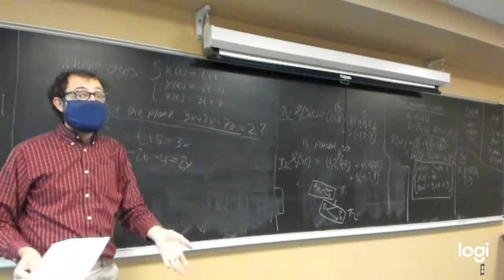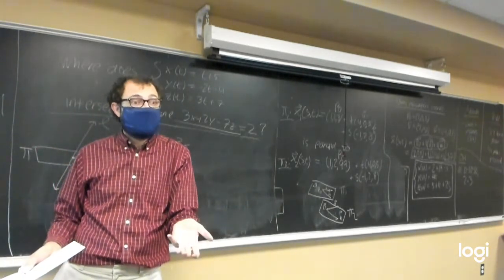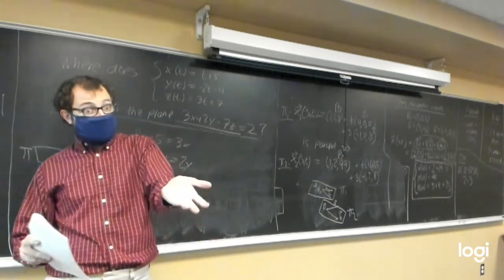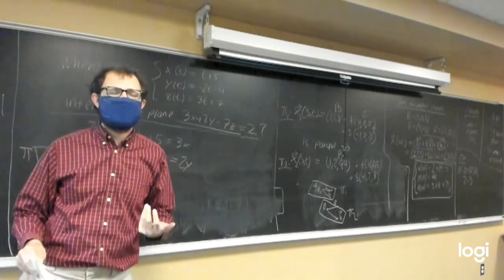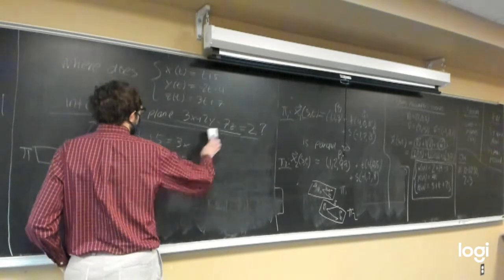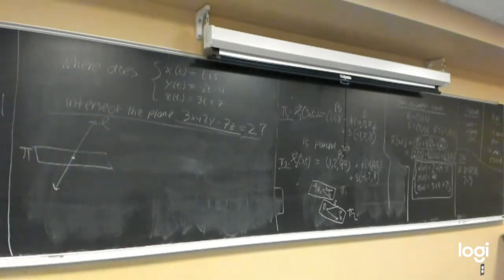I think if we were given our plane in parametric coordinates rather than in standard form, then what you just described would actually work out really well. So I'm glad you suggested it, but I don't think that approach is going to help us out too much right here, because all we're really given is a single scalar equation that we're going to be able to work with. Good shot in the dark.